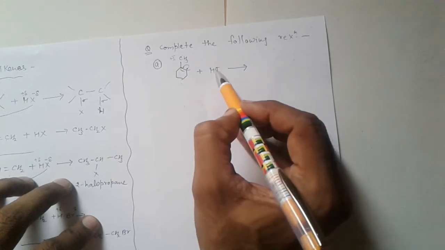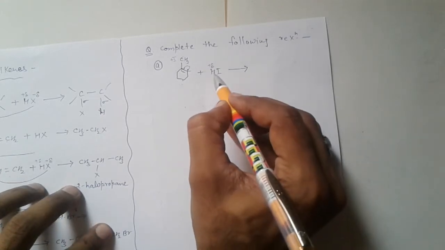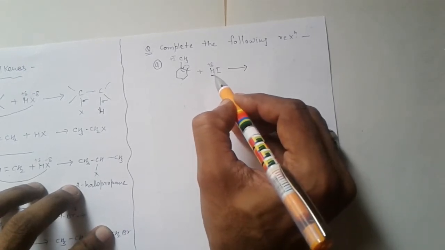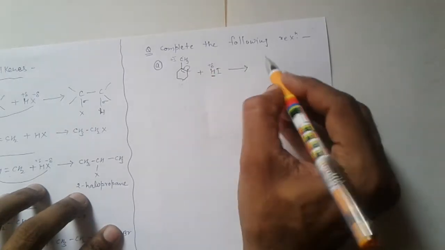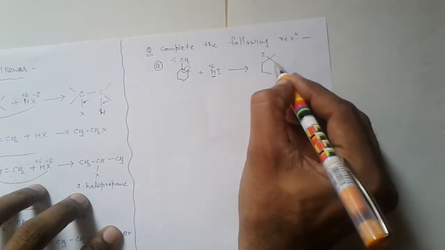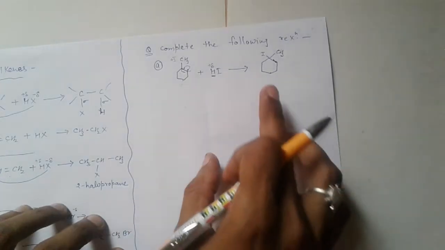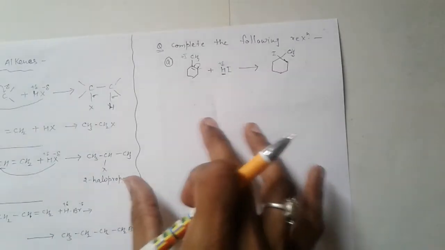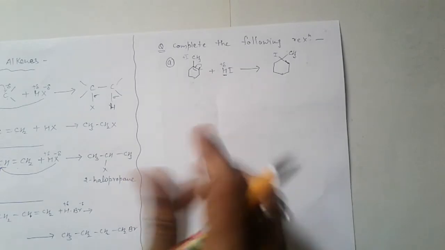So the positive part of the HI molecule, the proton, is attached here. So the product will be iodomethylcyclohexane.